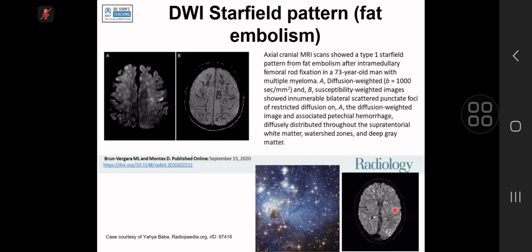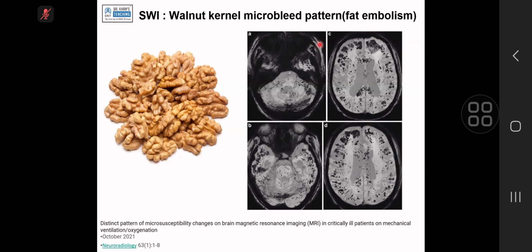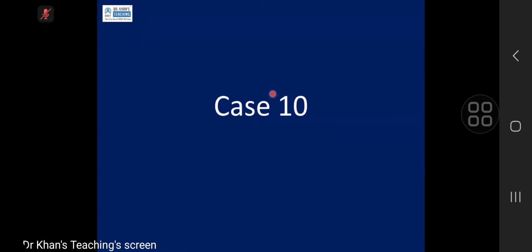And this is another example from Radiopaedia. So these two: on DWI, star field pattern, fat embolism. On SWI, it is fat embolism, walnut kernel pattern. So this is the take-home point.